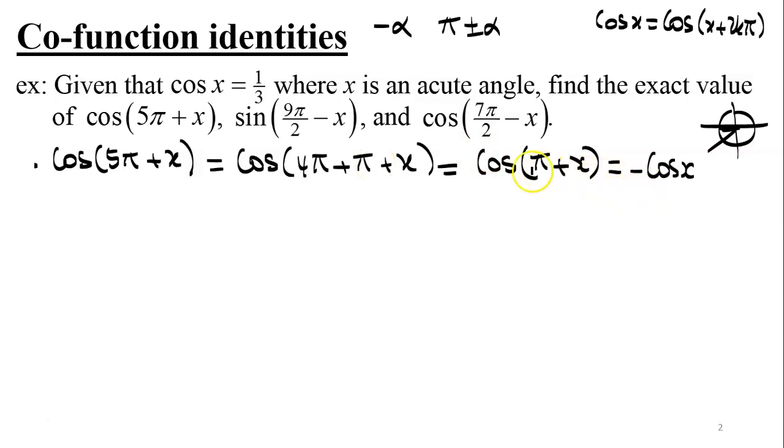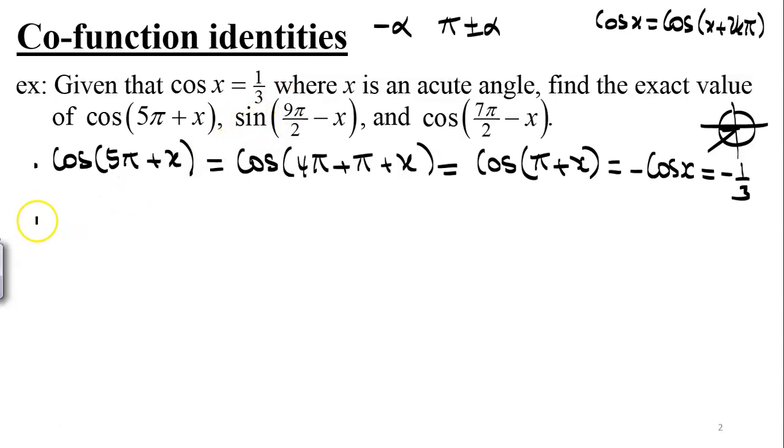What we're saying here is that pi plus x and x have opposite cosines. However, we do use this trick in order to determine the correct sign in the identity in order not to confuse them anyway. So it's negative cosine x, and we know that cosine x is 1/3, so cosine of 5 pi plus x is in fact negative 1/3.